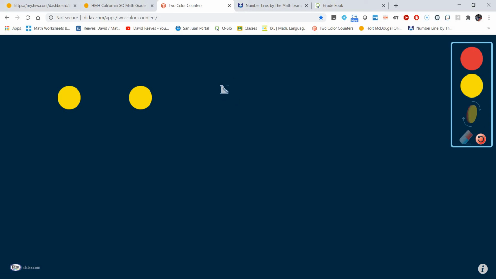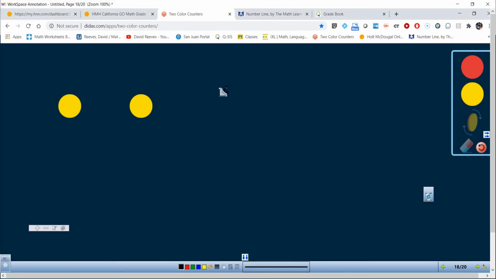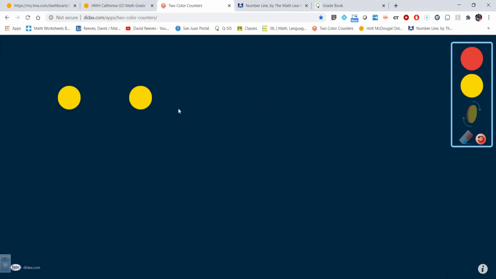I'm left with 2. So 6, whoa, bad color. How about we go with yellow? 6 minus 4 is 2. And if I had simply made them red, if I had done negative 6 minus negative 4, the answer would be negative 2. So subtraction as takeaway is no problem as long as you have enough to take away.